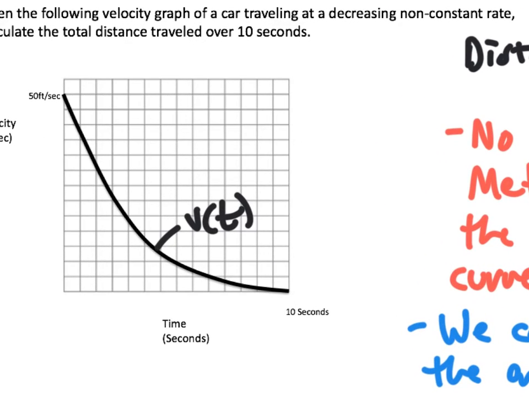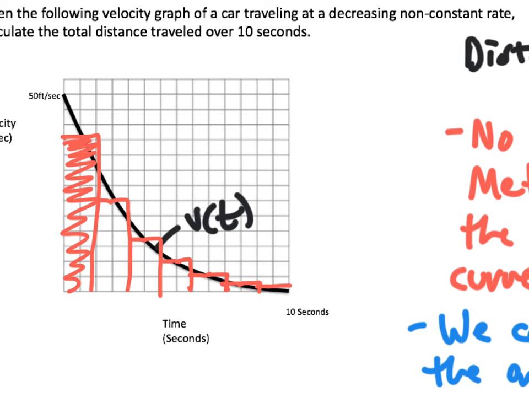What I would do is something like this: if I made a series of rectangles here, we could calculate a reasonable area under this curve. Take the area of this rectangle, that rectangle, and that one, the area of this, the area of that, and this. The area of those rectangles will give us an approximation.